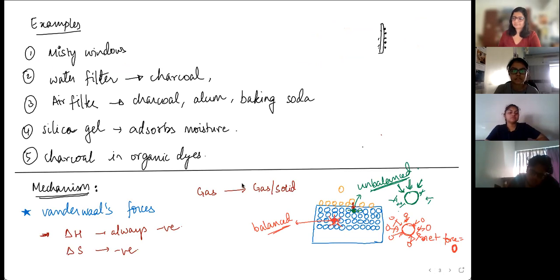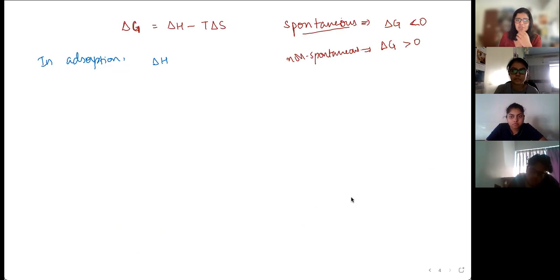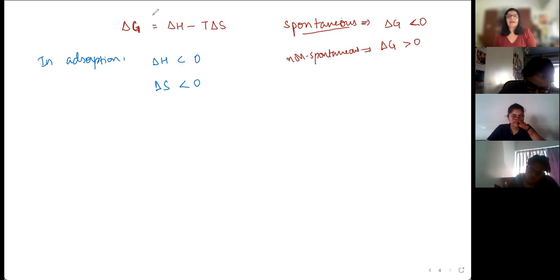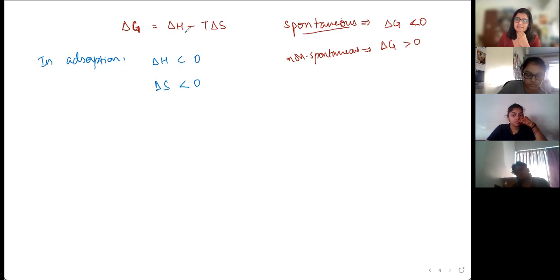So in adsorption, delta H is already less than 0 because we saw it was negative. Delta S is also less than 0 because entropy is decreasing. So for delta G to be less than 0, the values of delta H and T delta S should be such that the total ends up being negative.